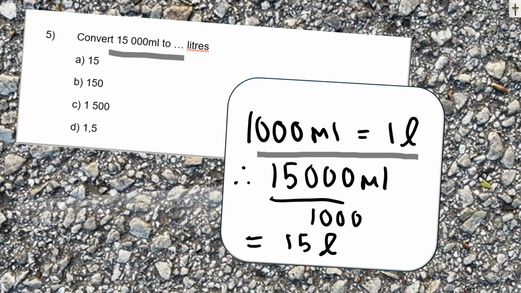There are 1,000 milliliters in a liter, and we want to convert it to liters. So we divide by 1,000. 15,000 divided by 1,000 is equal to 15 liters, and the answer is A.